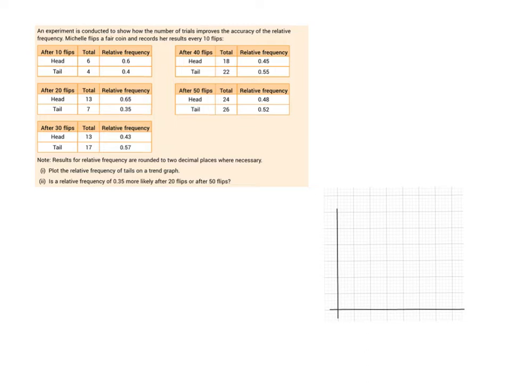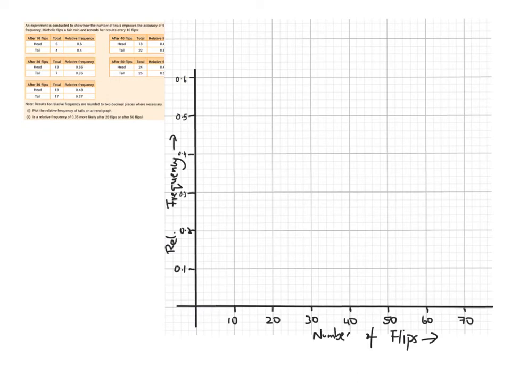So Michelle flips a fair coin and records her results here. And we're asked to plot the relative frequency of tails on a trend graph. So that's the figure that we're going to look for in each of the tables.